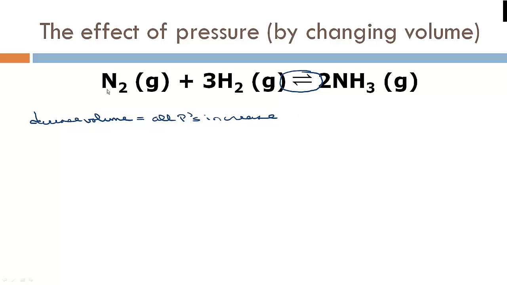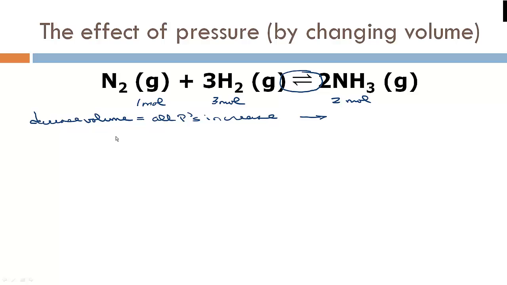Now, it turns out that that's a pretty cumbersome way of going about describing this, but there's a simple way that you can think about this. I have 1 mole of gas here, I have 3 moles of gas here, and I have 2 moles of gas here. When the volume is decreased, increasing all the partial pressures, the reaction will shift in the direction with fewer moles. That is, it's going to go to the right in this problem.